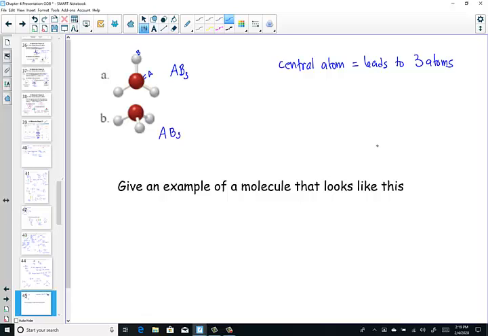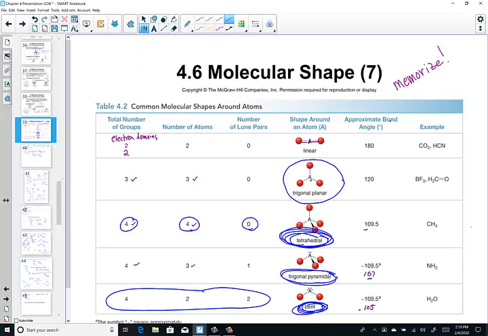When you look at your VSEPR chart, when I have one central atom that's leading out to 3 other atoms, and they're looking like an equilateral triangle, we call that trigonal planar. That's 3, 3, 0. That's an example, BF3.